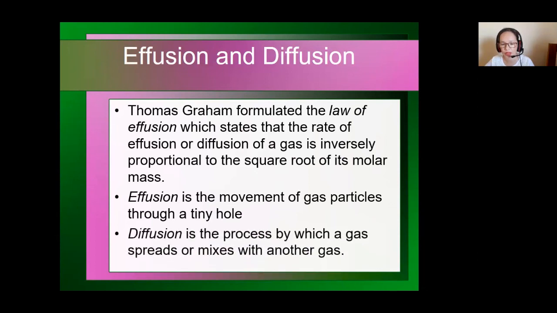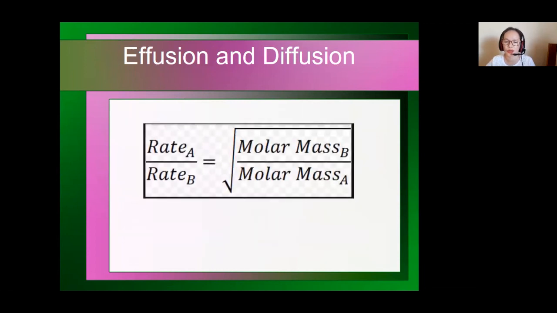On the other hand, diffusion is the process by which a gas spreads or mixes with another gas. Like when you spray cologne in a room, it will scatter or spread because it mixes with other gases and is carried to different parts of the room. That is diffusion.